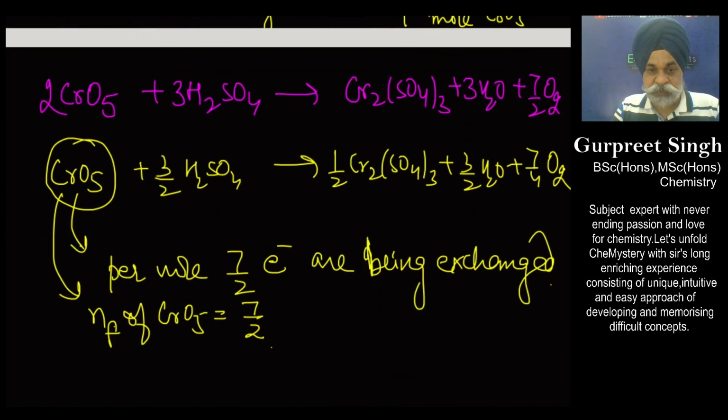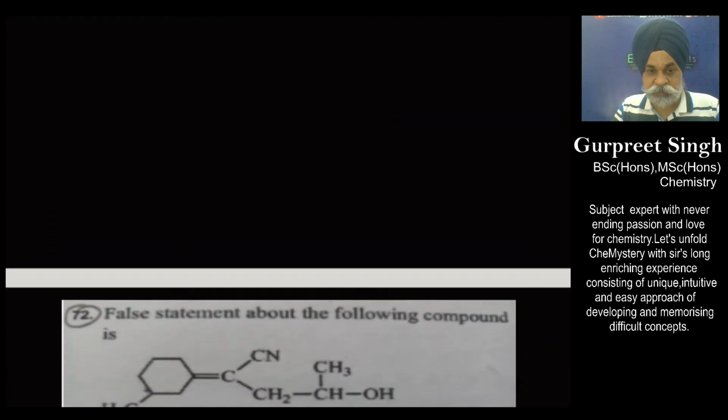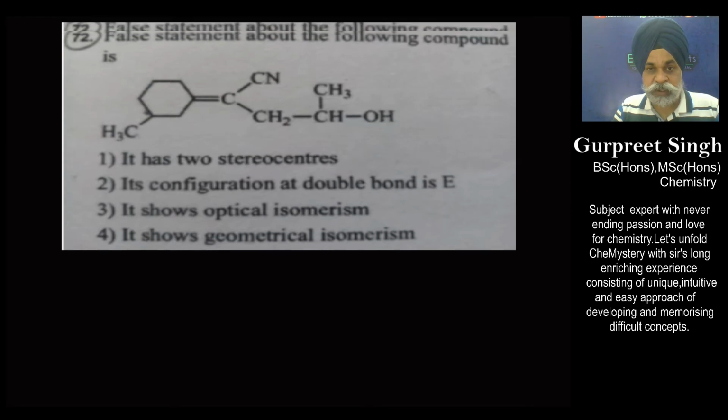Now the second question which the girl has asked is related to organic chemistry. Here she has asked that you need to evaluate which is the false statement in this particular problem. I could see that this carbon is chiral, in the sense that there are 4 different groups attached here, and this species also is chiral.